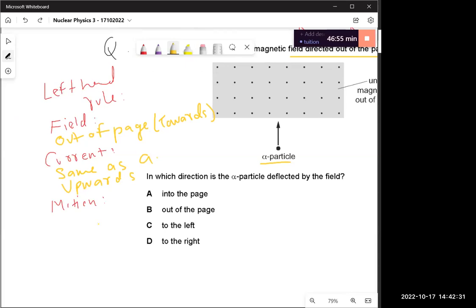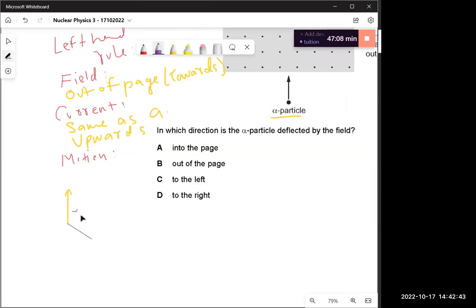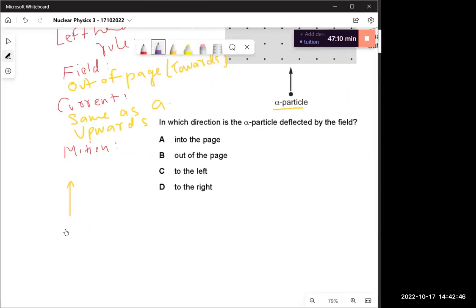So the current is up, and the field is out of the page, towards you. So the motion is towards us? Wait, one second, let me check again.